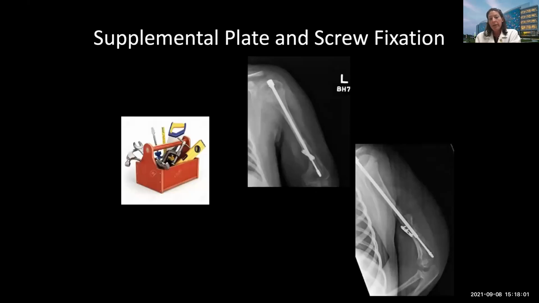So this is where we think of tools in the toolbox, and supplemental plates and screws we've alluded to in a few of the prior examples, but this is an important tool in the toolbox that can be helpful to give stability and additional fixation to a non-union site.